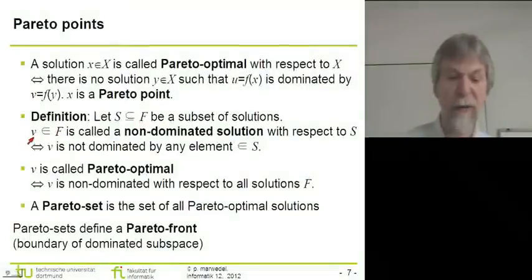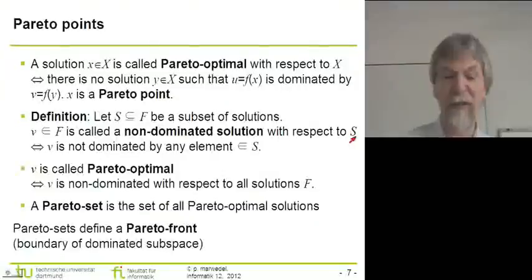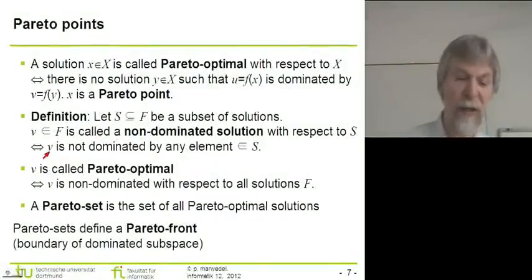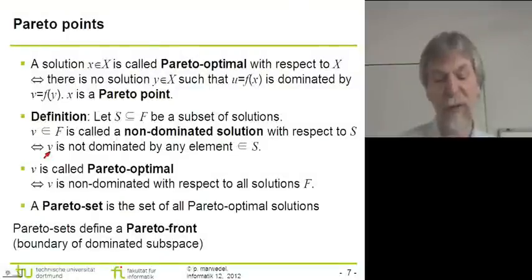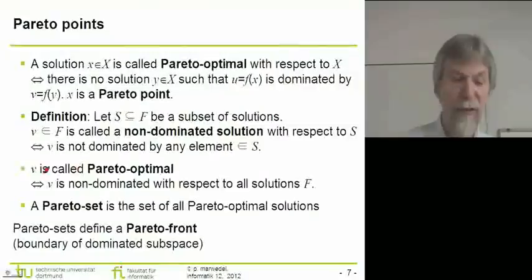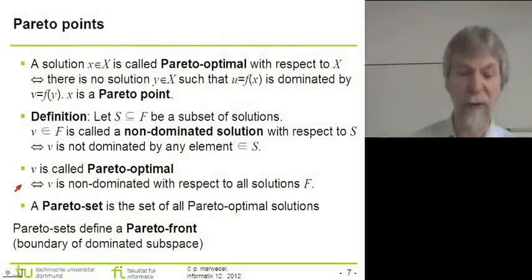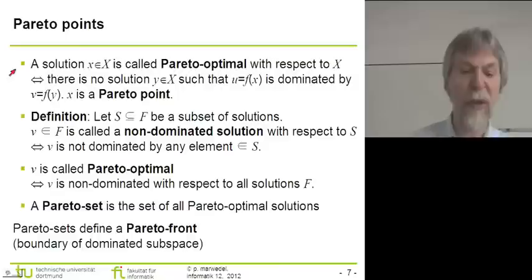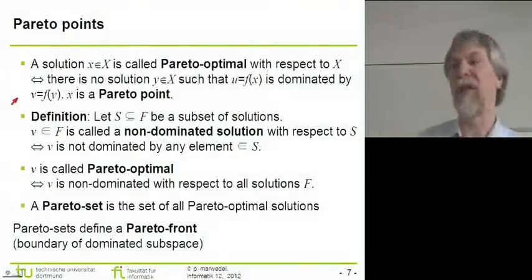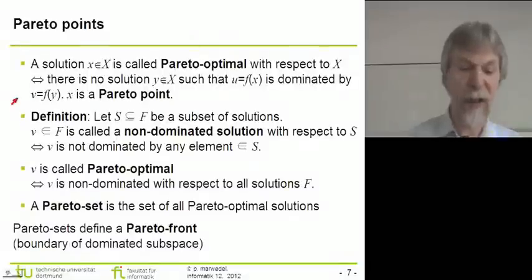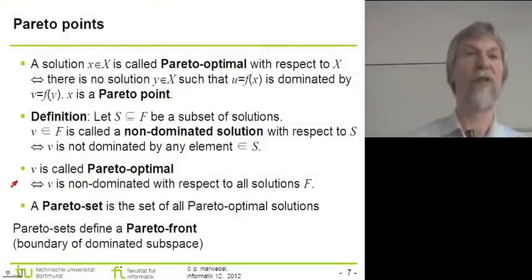And then if we have a certain design there considered in the objective space, we are calling that design a non-dominated solution with respect to that subspace S. If that design V is not dominated by any element of S, and it's a Pareto optimal design if it's not dominated by any other solution in that solution space F. So that means the definition up here defines Pareto optimality in the design space, and down here we have the corresponding definition in the objective space.